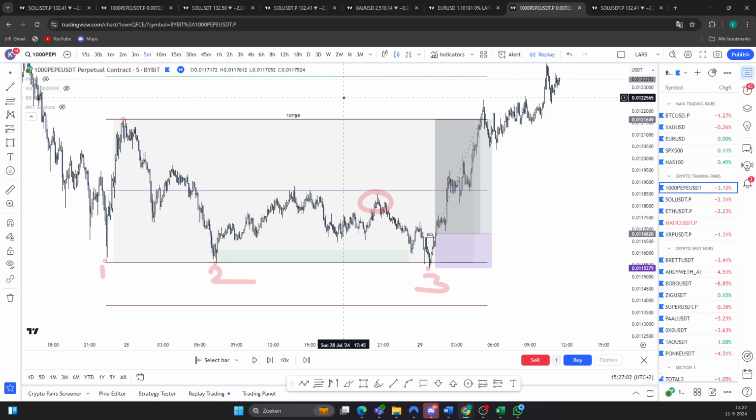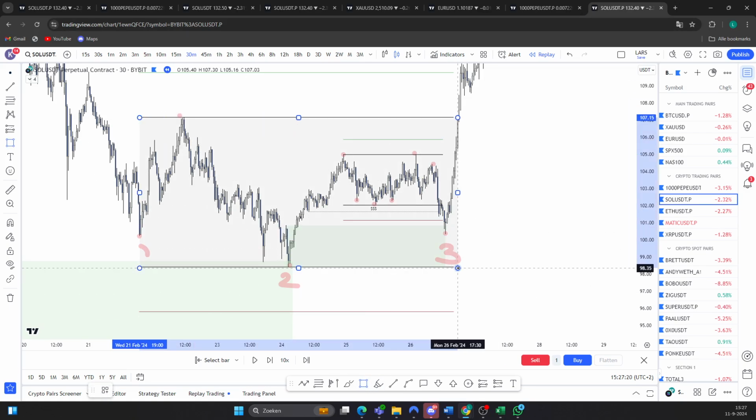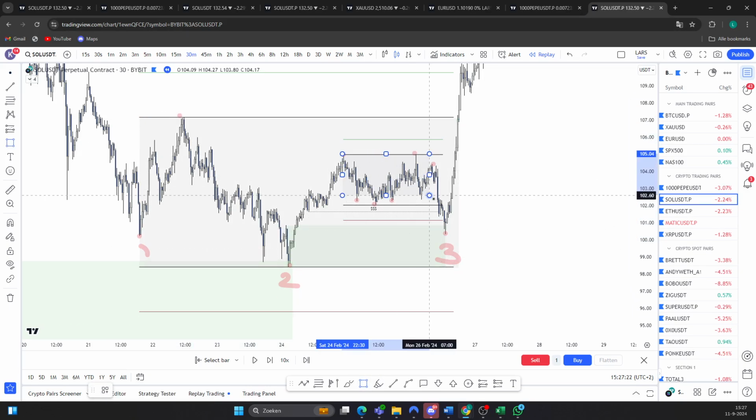Because I've been getting many questions already on X of people showing me their setups, and they're technically speaking valid setups, but rationality-wise, it's terrible, right? So just something to also pay attention to, that I'm trading real ranges here. You have a range here, and you have a range here, and both look like clean ranges, okay?